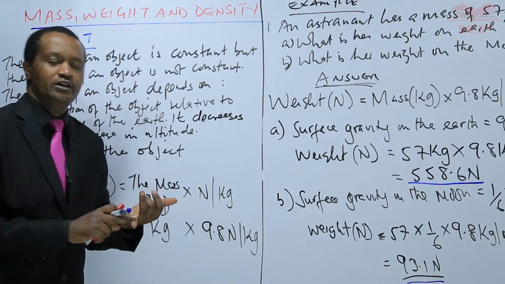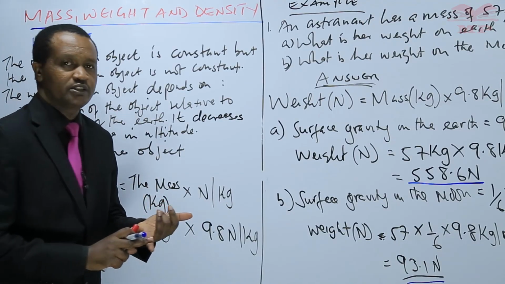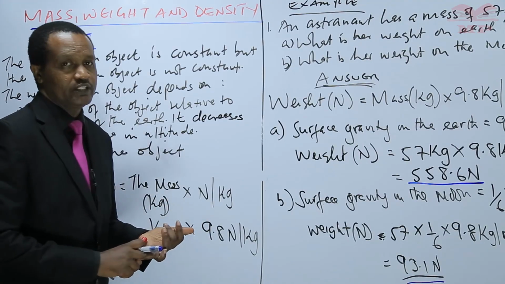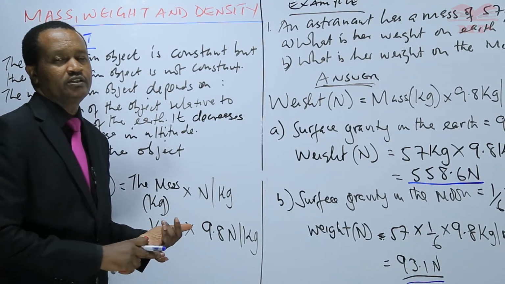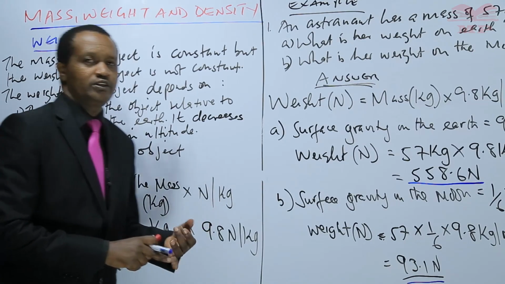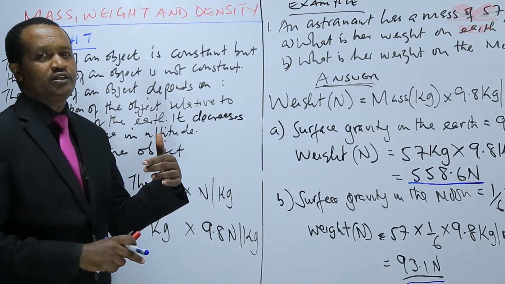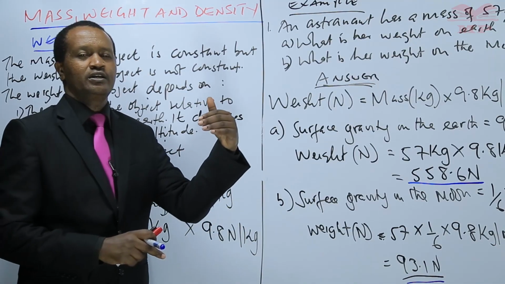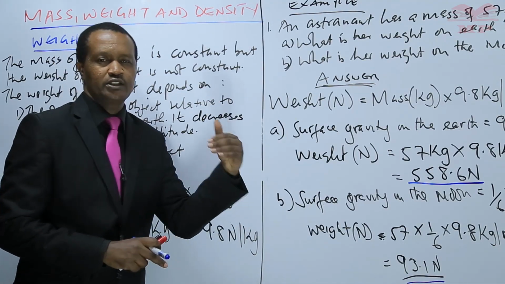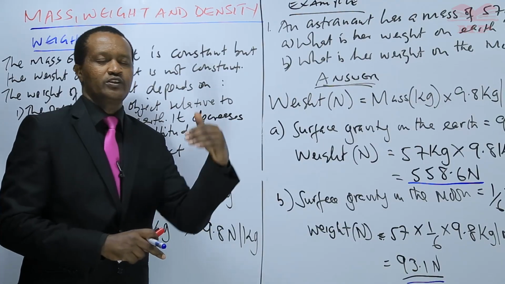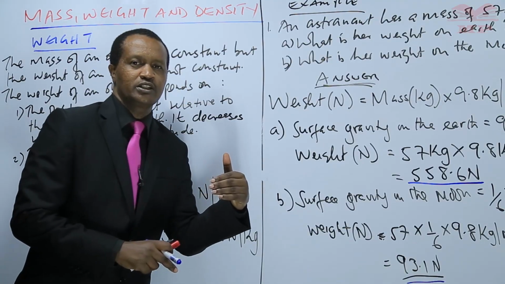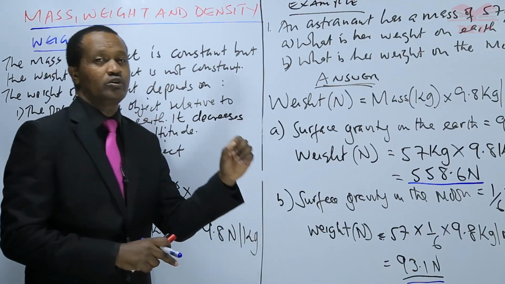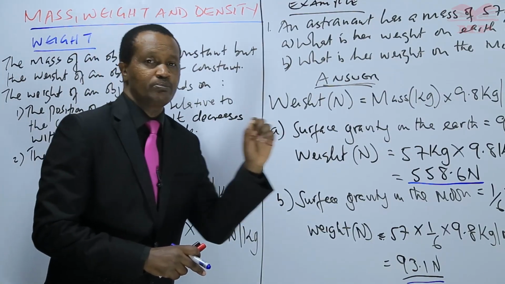We say that it depends on two things. Number one, the position of that object in relation to the center of the Earth. We said also that the farther you go away from the center of the Earth, the less the weight of that object. But if the object is closer to the center of the Earth, then the weight, which is a gravitational pull or gravitational force, becomes more.